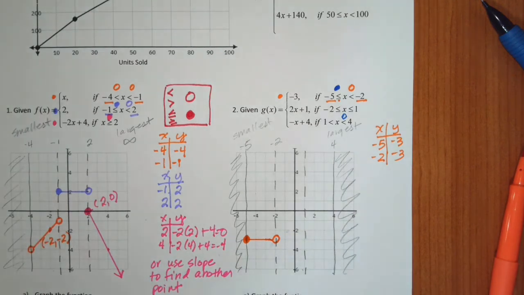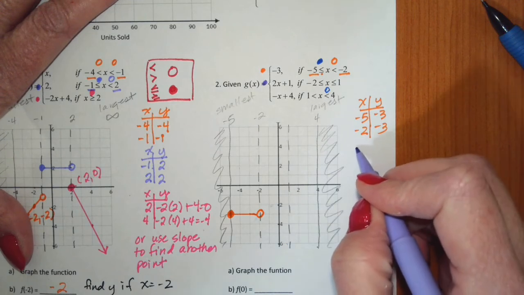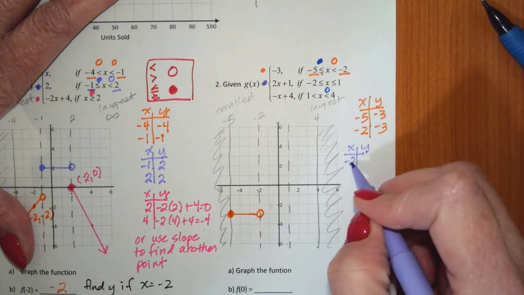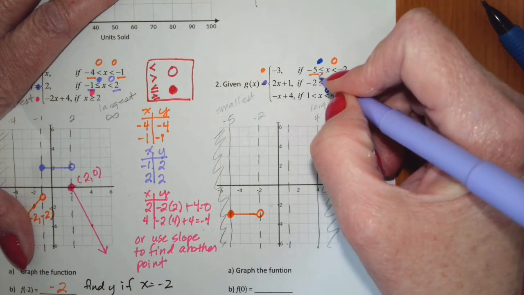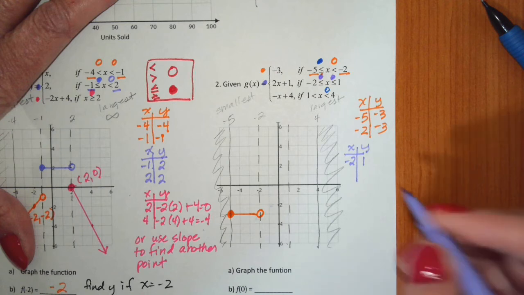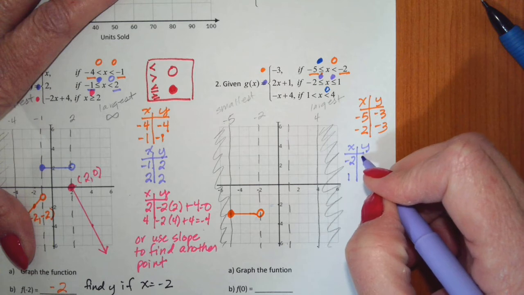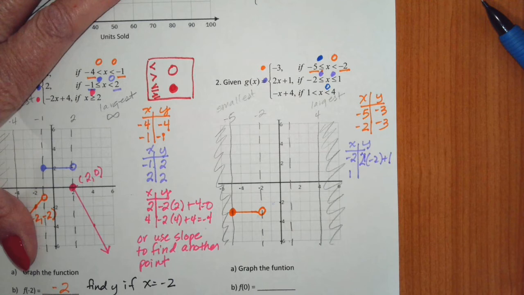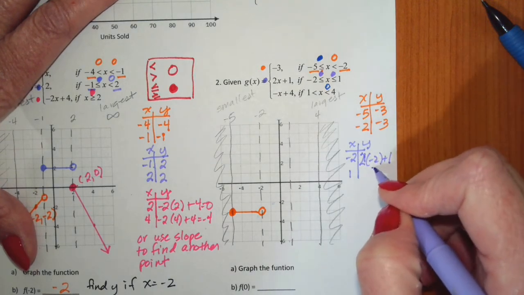All right, then I'm going to do 2x plus 1. So for my table of values, I'm going to use my endpoints, -2 and 1. And this is going to be a closed circle, and this is also going to be a closed circle. So this is going to be 2 times -2 plus 1, which gives me -3.